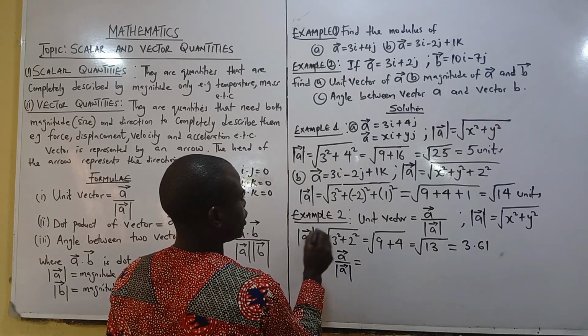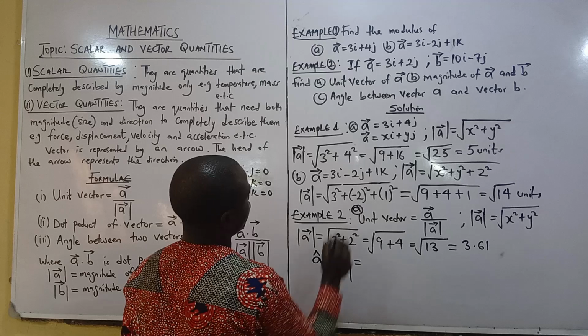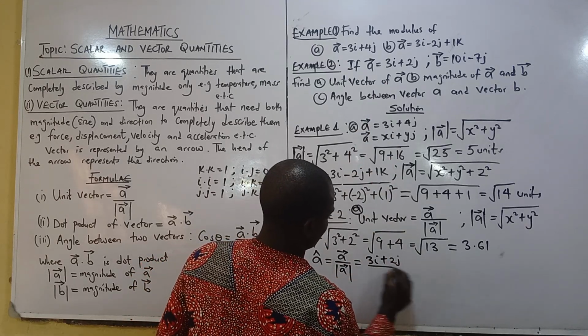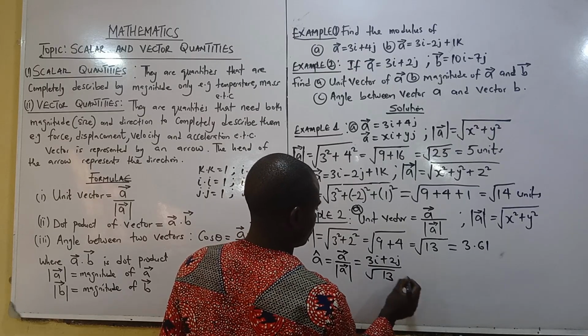It is 3i plus 2j over the modulus of A, that's square root of 13.